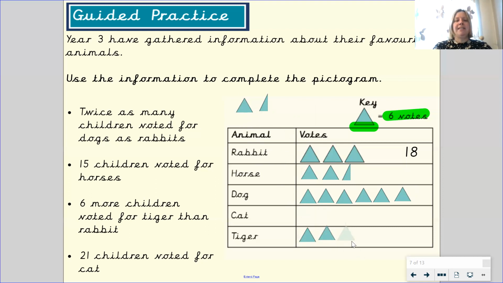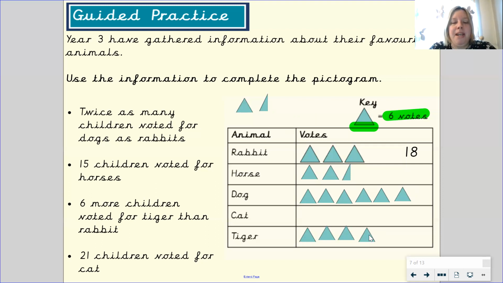But then it says 6 more children voted for tiger. So I need to add another triangle. How many does this represent? This represents 24.